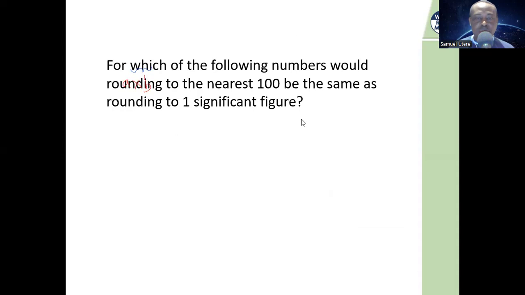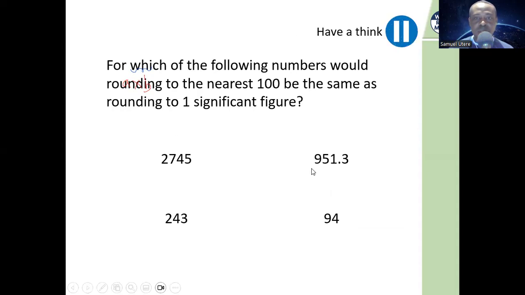Sometimes when you round numbers, the number that you get could be as if you have rounded the number to the nearest 100 or the nearest 10. So here are questions for you to do that will show that this is the case.